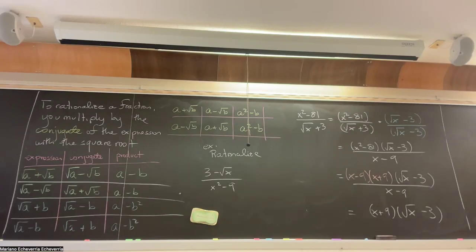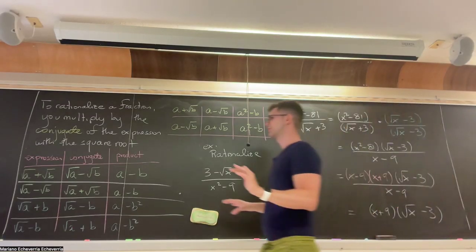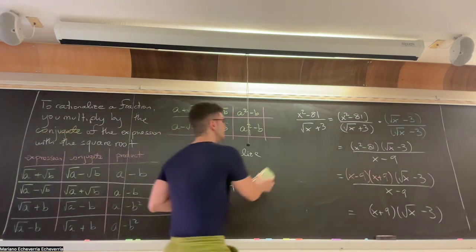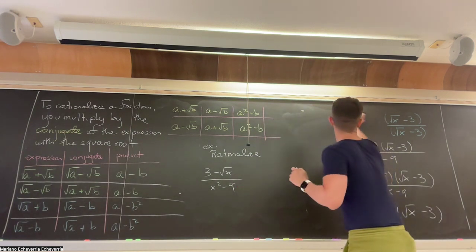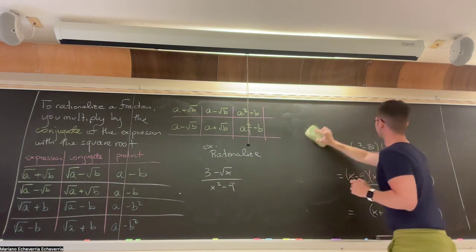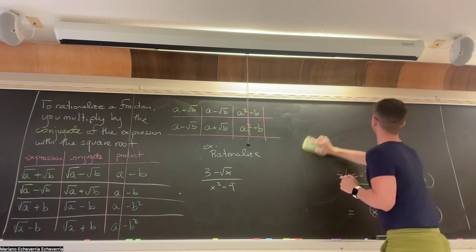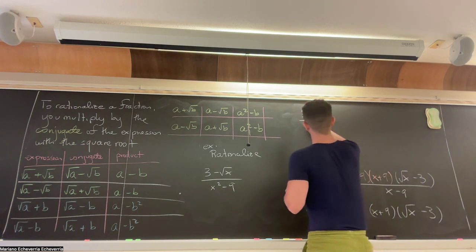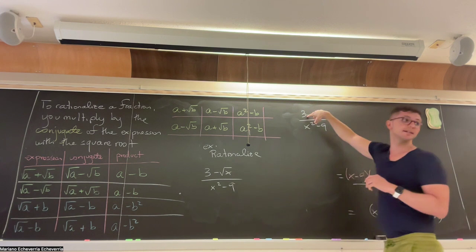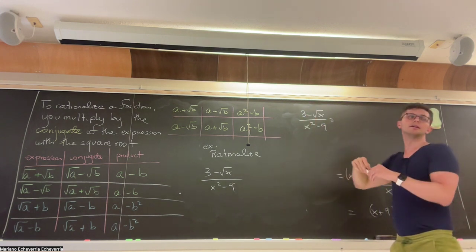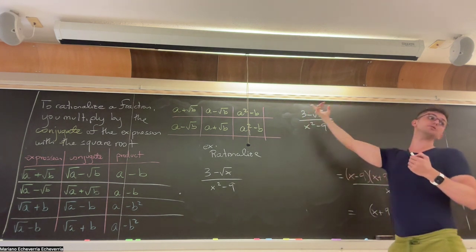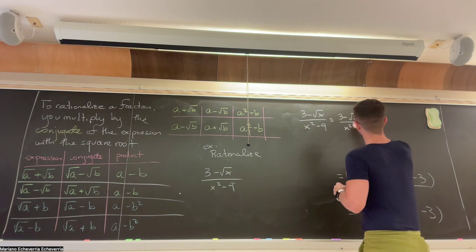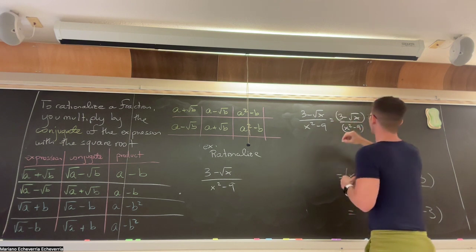So what's happening now? All these problems about rationalization are about multiplying by the conjugate. The conjugate is what you get by flipping the sign of the term that has a square root. So in this case, this minus turns into a plus. Basically, you rewrite the exact same expression, but with a plus instead of a minus.